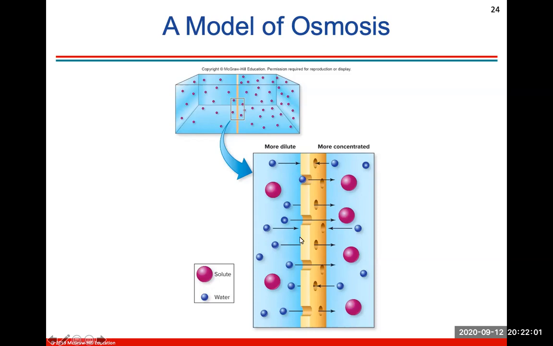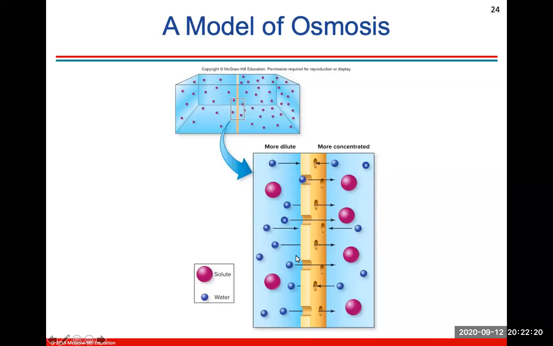And water will always travel into an area where there's more solute particles to try to spread them out and equilibrate the concentration on both sides. So we call that diffusion of water, and we call that osmosis.